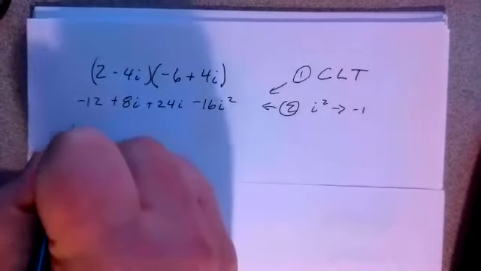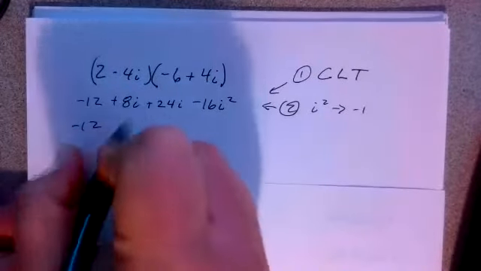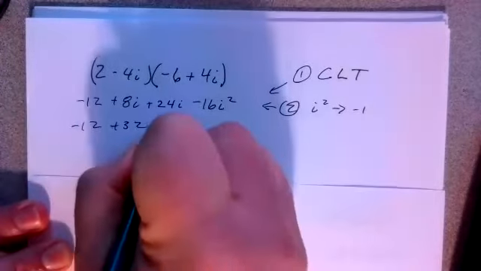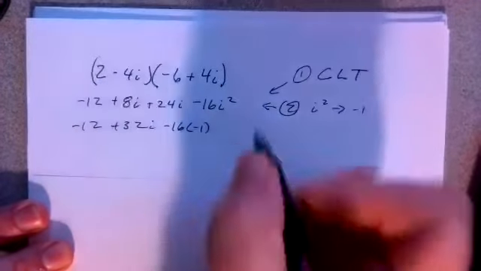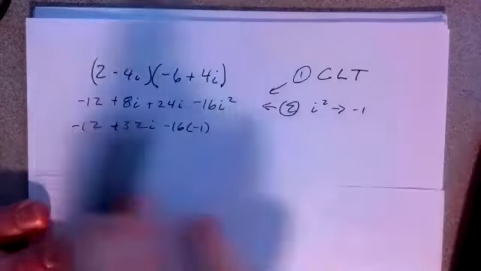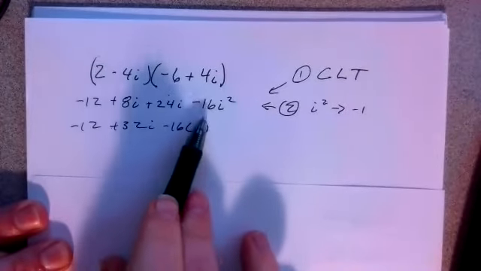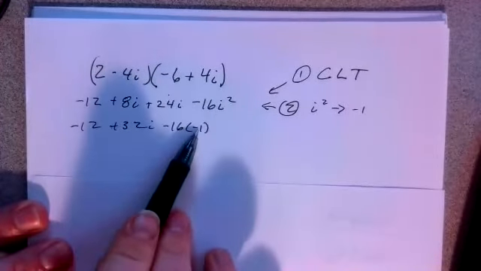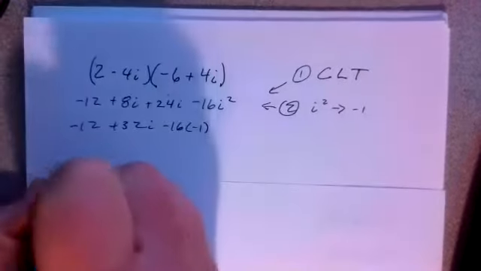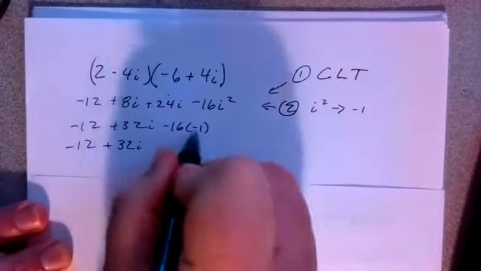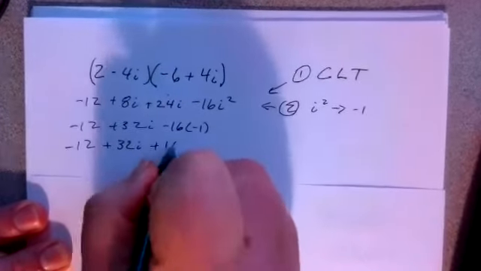So I get negative 12, and 8 plus 24i is a positive 32i, and then negative 16 times a negative 1. I combined 8i and 24i to get 32i, and I switched i squared to negative 1. And now I get negative 12 plus 32i, and negative 16 and a negative 1 is a positive 16.